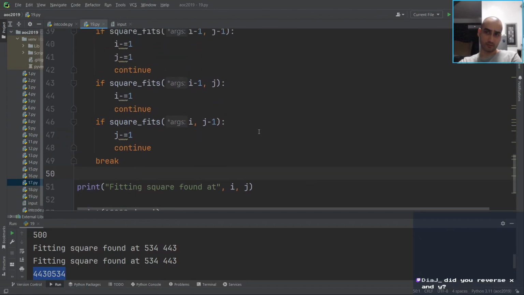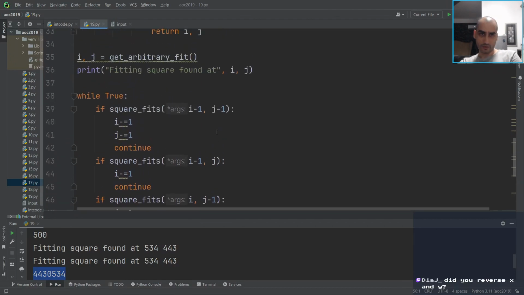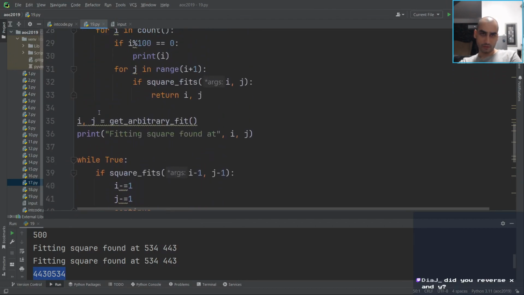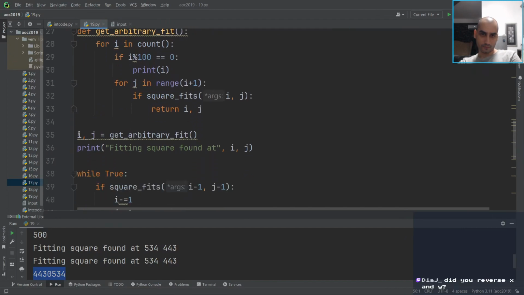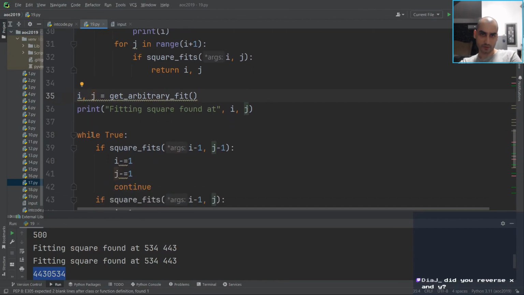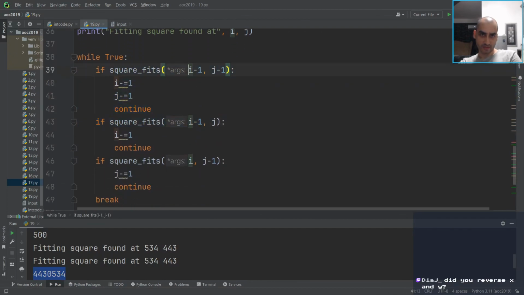Did you reverse X and Y? At what point? So we're using rows, I to be rows and J's to be columns. So it doesn't matter as long as these I's match these I's and these J's.